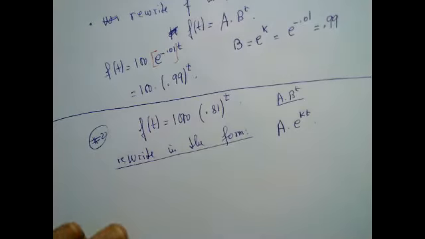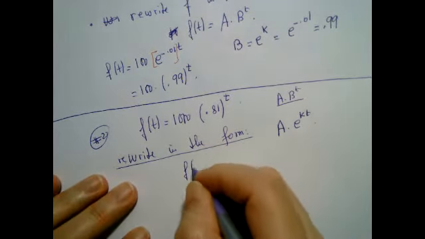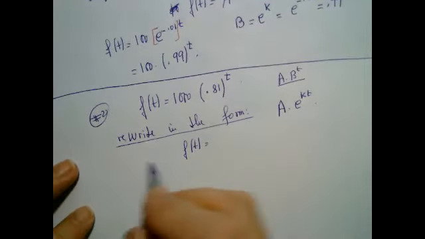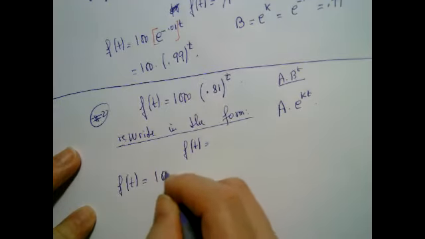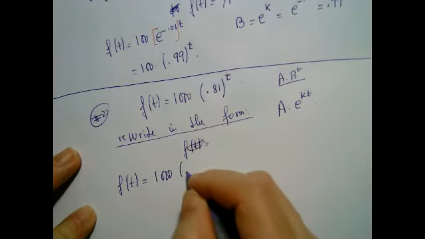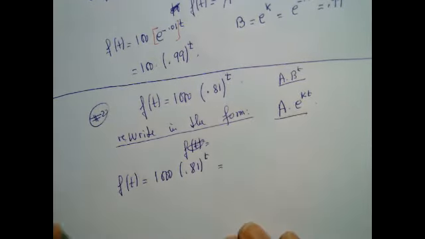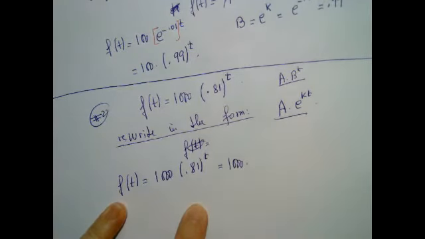All right. So we're going to rewrite it in this form. f of t is 1,000 times 0.81 to the power t. I want to write it in this form. The a will remain the same, but it's the e.